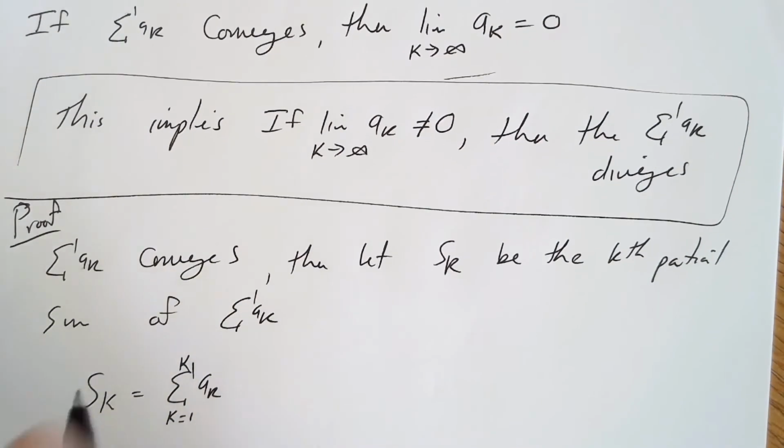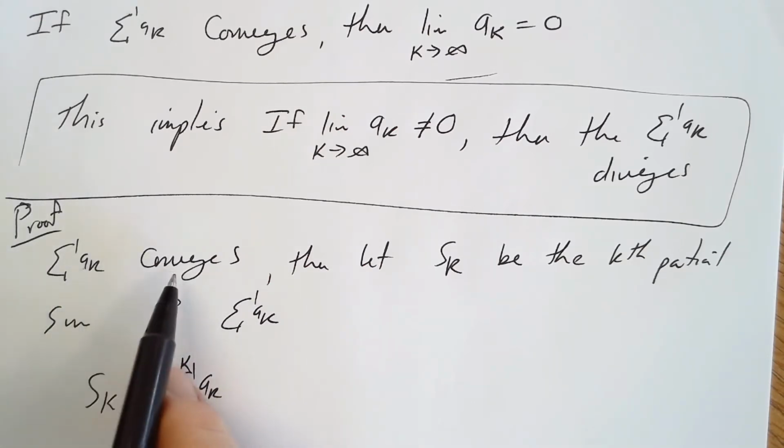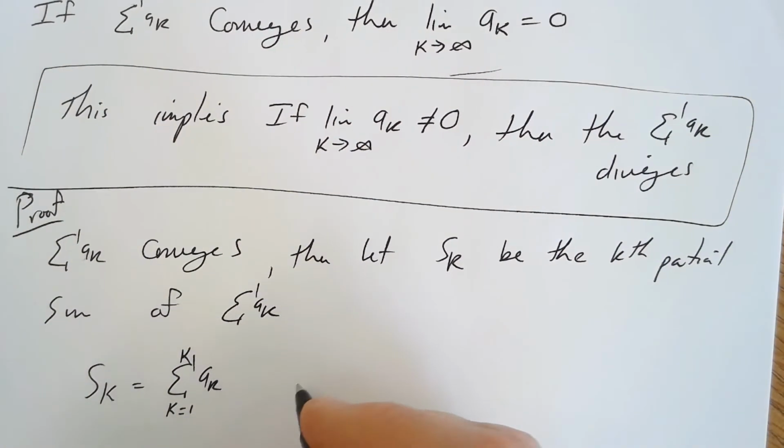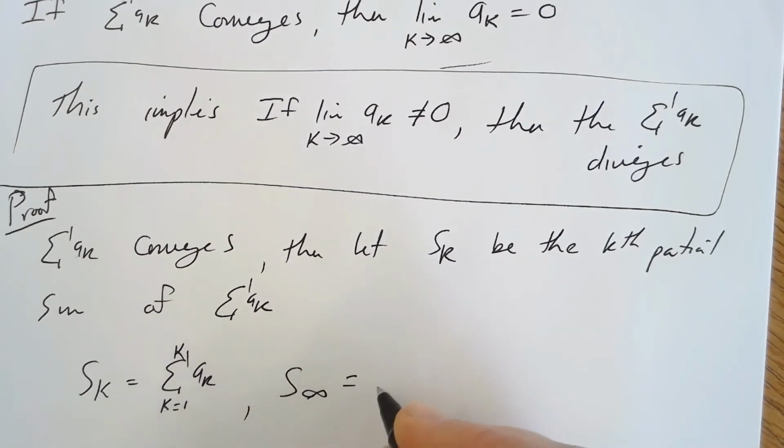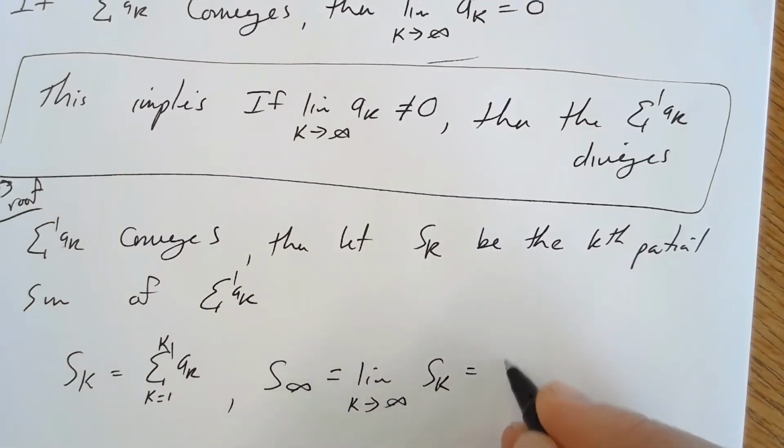It's technically plugging in 1, 2, 3, up until I get to k, and that's the sum of all those values. Now, if this series is convergent, then I should be able to state that s sub infinity, which is the same concept as the limit as k goes to infinity of s sub k, is also equal to the limit as k goes to infinity of one less term.